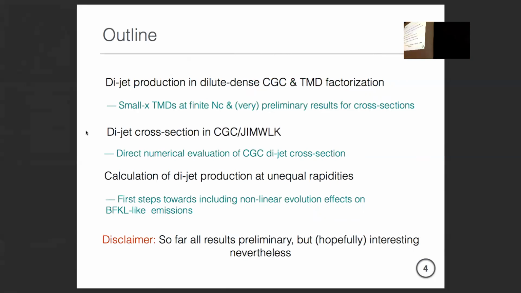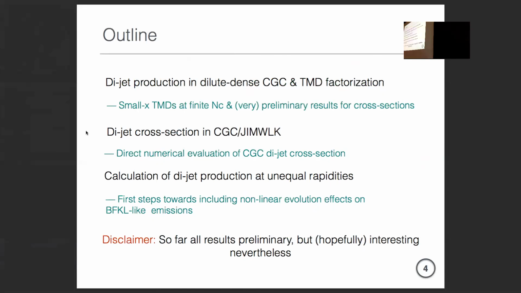I'm first going to talk about dijet production in just dilute-dense, and the way that this is typically implemented into phenomenology, reducing the full CGC calculation to a framework of TMD factorization, which gives results for small x TMDs at finite NC in the mean field.